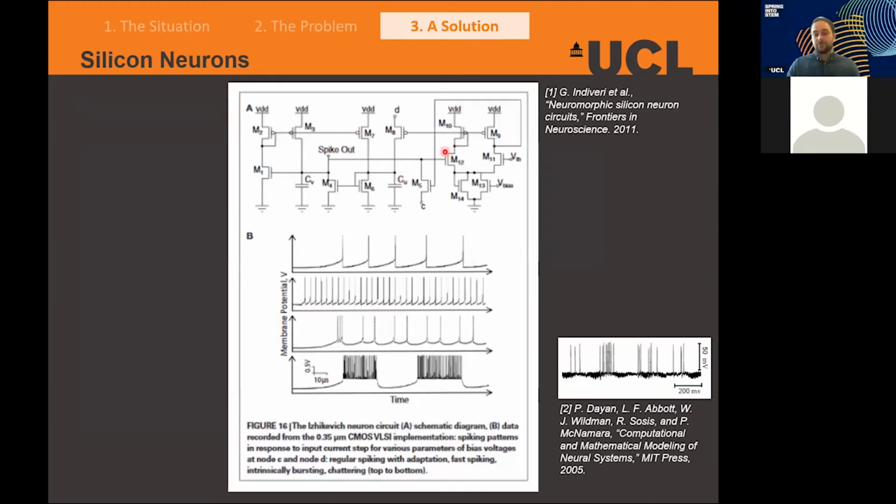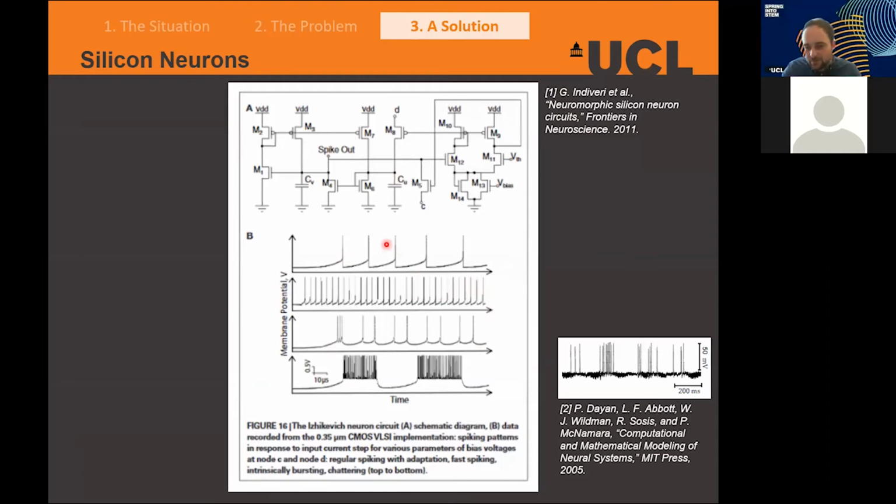So here, for example, is how we would reconstruct a neuron using standard CMOS electronics and transistors. The only thing is they're using a slightly different regime. So this is the circuit. We won't go into details. And this is the output that it produces.